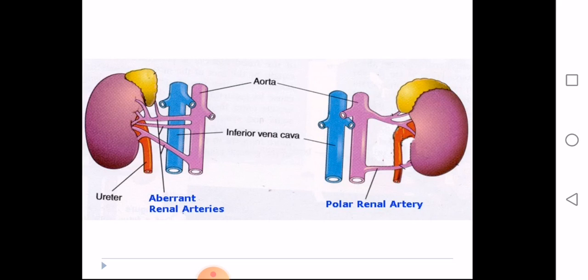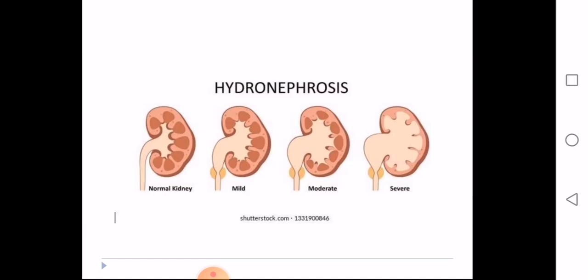You can see here a lot of arteries that are going. If they are compressing the pelviureteric junction, it can cause obstruction. So this is hydronephrosis. The first one you can see is the normal kidney. Now look at the second diagram. See the pelviureteric junction. There is a small, mild obstruction there.